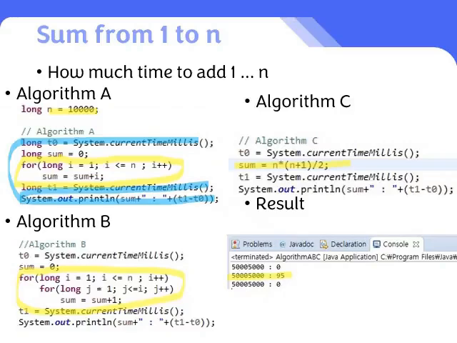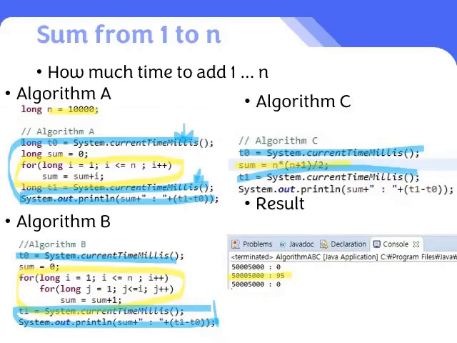So before starting, we record the time, and after it finishes, we record the time again to calculate the difference. So this part is included in the same way, but you can just think of it as code that's there to measure the time.